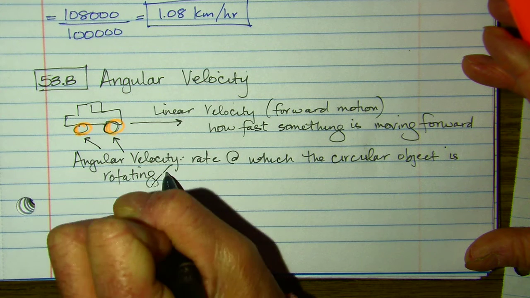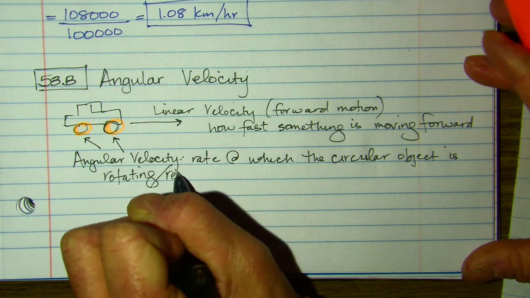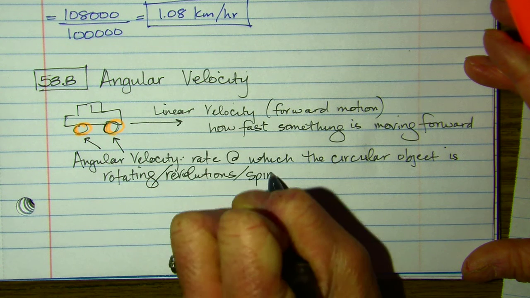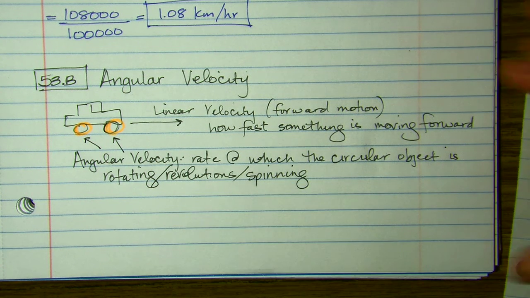Another word would be revolutions, or another way to say that is how fast the wheels are spinning. Now, the formal term is revolutions, which is what we're going to see.